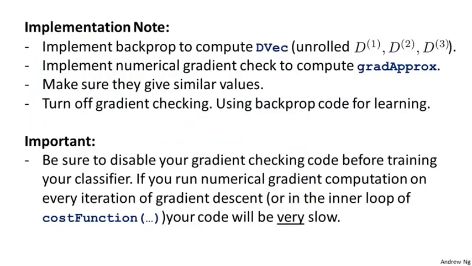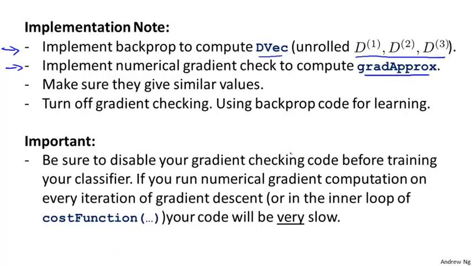Finally, I want to put everything together and tell you how to implement this numerical gradient checking. Here's what I usually do. First thing I do is implement backpropagation to compute dvec. This is the procedure we talked about in the earlier video to compute dvec, which may be our unrolled version of these matrices. Then I implement numerical gradient checking to compute grad approx, as described earlier in this video.